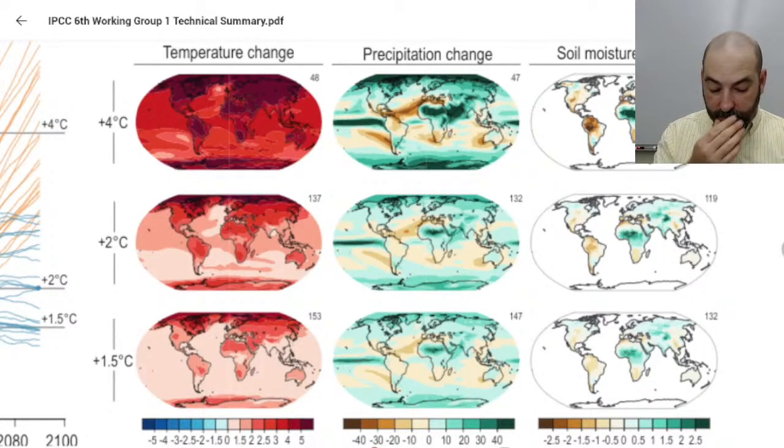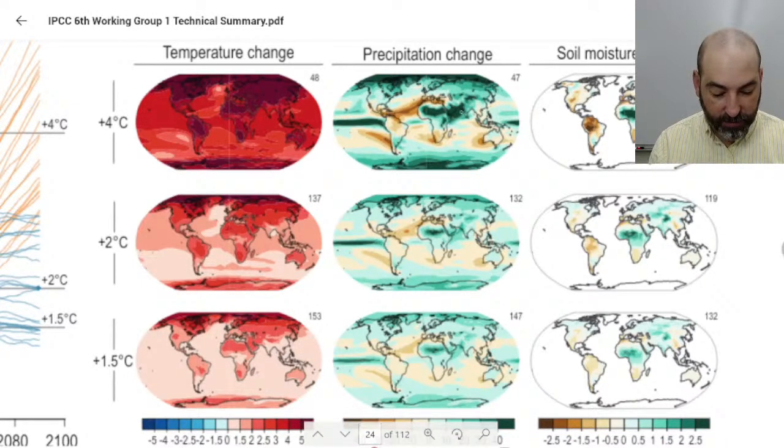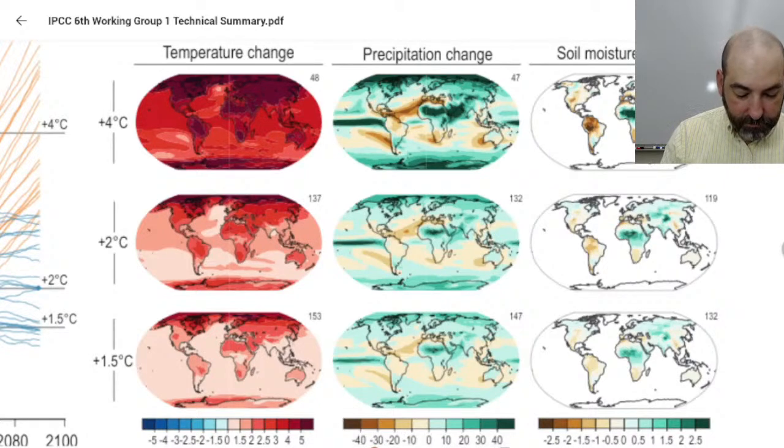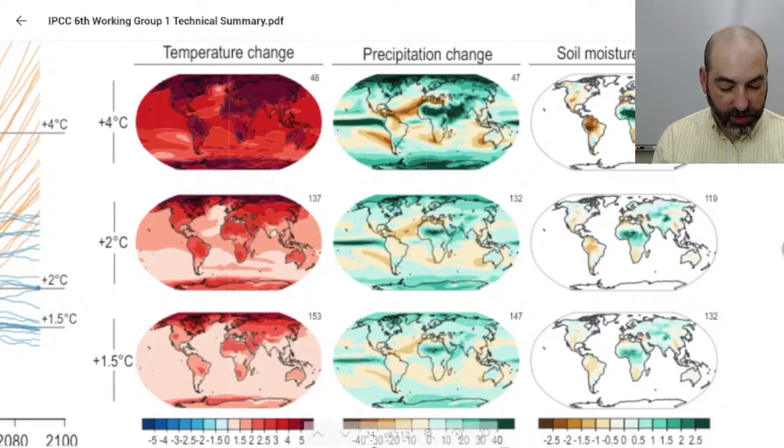So with temperature change, you're talking about a massive global temperature change if we get up to 4 degrees C. Precipitation change, huge, right? Massive, massive flooding in some areas and just absolute drought in others. And if you go down to the plus 2 degrees or the plus 1.5 degrees, you can see how those effects are somewhat reduced. Soil moisture change. So when we're talking about droughts, right?